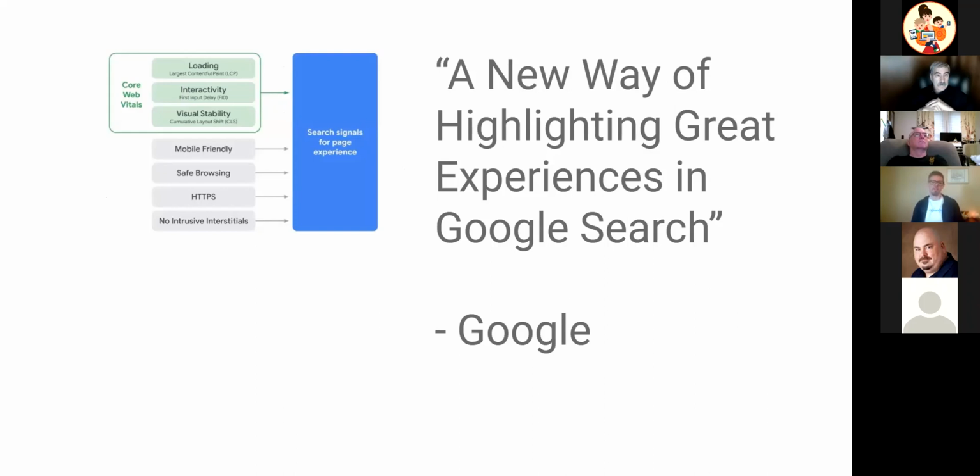At the top left, you can see Core Web Vitals, which includes a couple of different things that we measure: the largest contentful paint, or LCP, first input delay, or FID, and cumulative layout shift, CLS. Those are probably the big ones that have a lot of people concerned right now, but that's not the only thing Google is rolling out with this update. With the page experience update, they'll also be looking at mobile friendliness, safe browsing, HTTPS, and then intrusive interstitials.